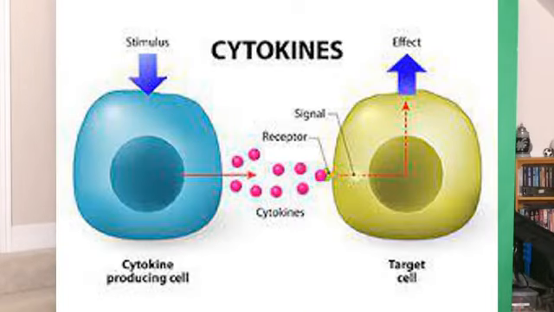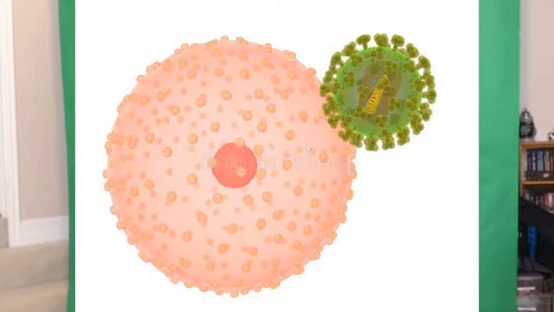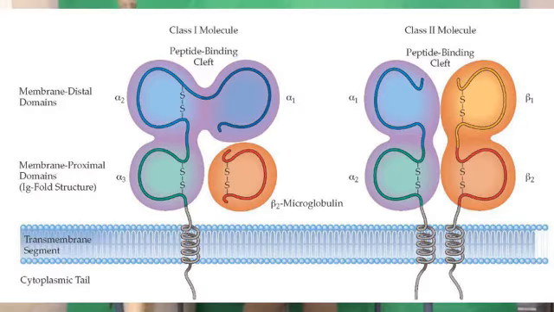Cytokines are messenger molecules released by the immune system cells. Cytotoxic T cells carry out a cell-mediated response and attack and kill infected cells. In order for a helper T cell to trigger responses in B cells and cytotoxic T cells, antigen must be presented to it by an infected host cell.